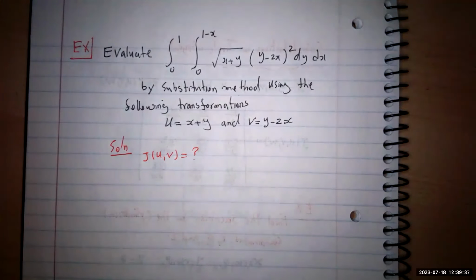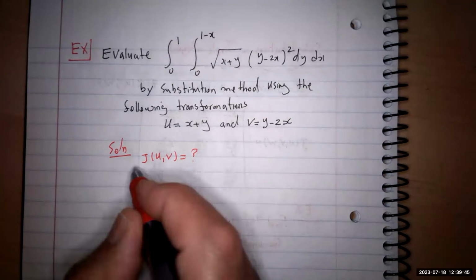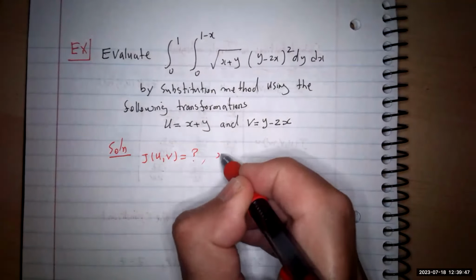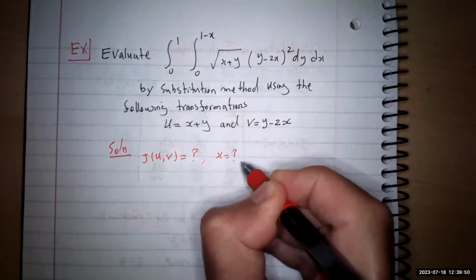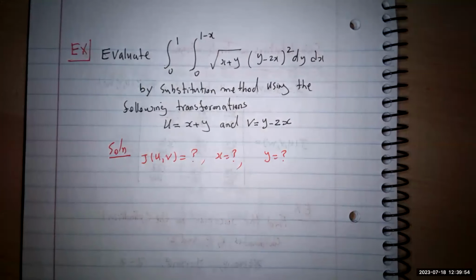In order to do the Jacobian, you need x and y; you differentiate x and y with respect to u and v. Sometimes they give you this format, but not all the time. So you have to do a little bit of algebra.